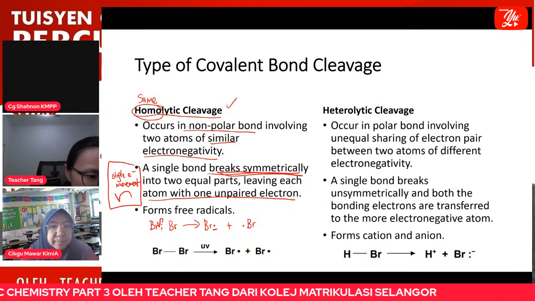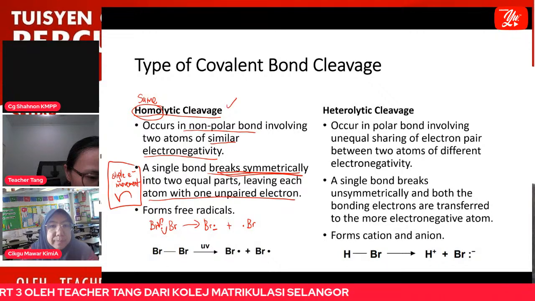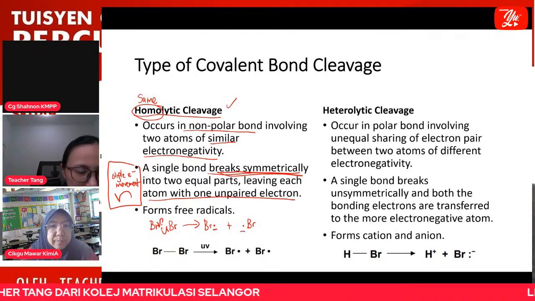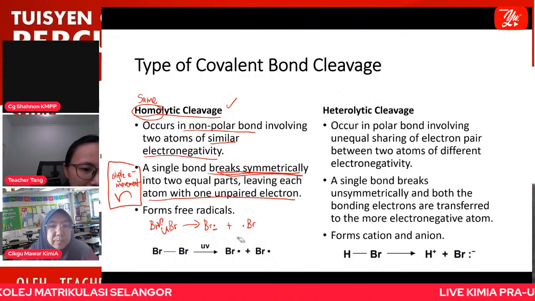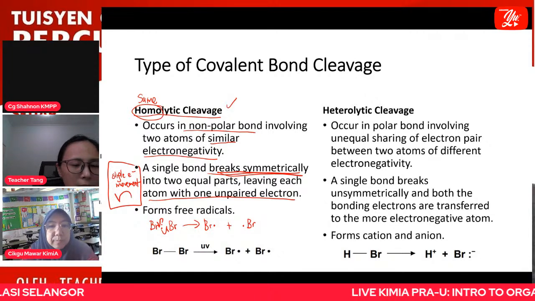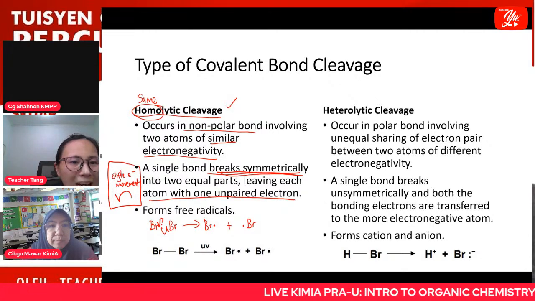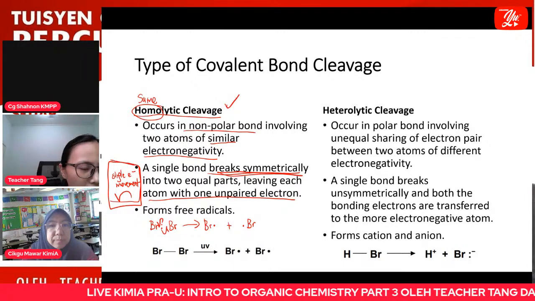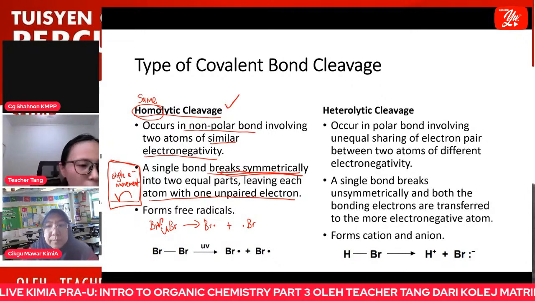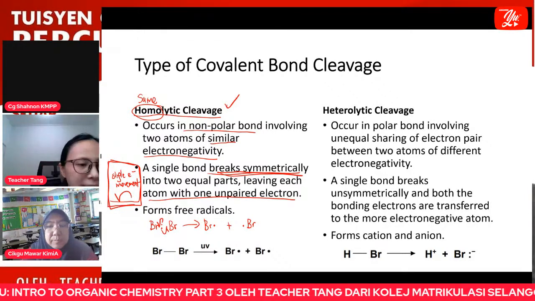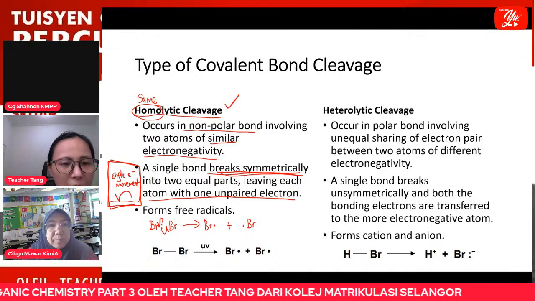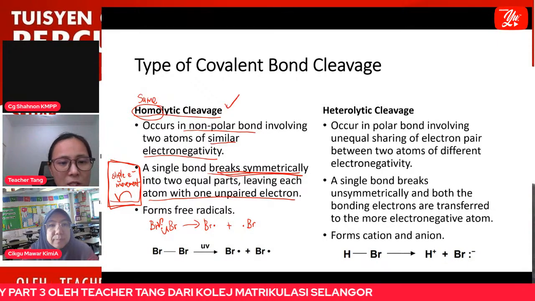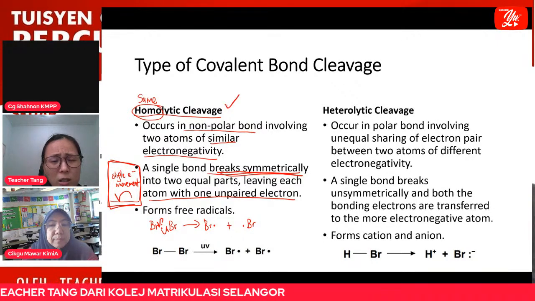Another electron will go to this atom, like this. So this is how we draw the arrows for homolytic cleavage.